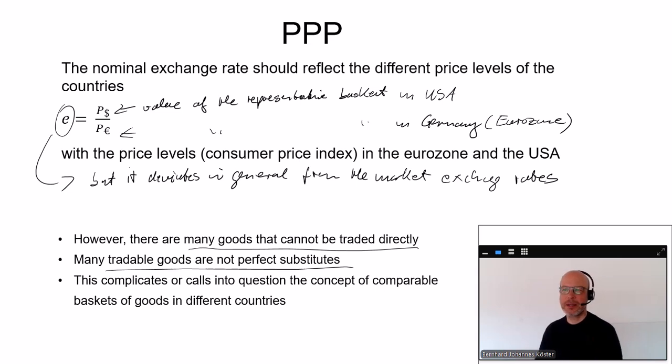But for example, if you go to Africa or Southeast Asia or to China, then in general, the preferences of these societies differ from the preferences in Europe or the United States. And then you have to use different consumer baskets. And this, of course, then complicates also this concept of purchasing power parity.